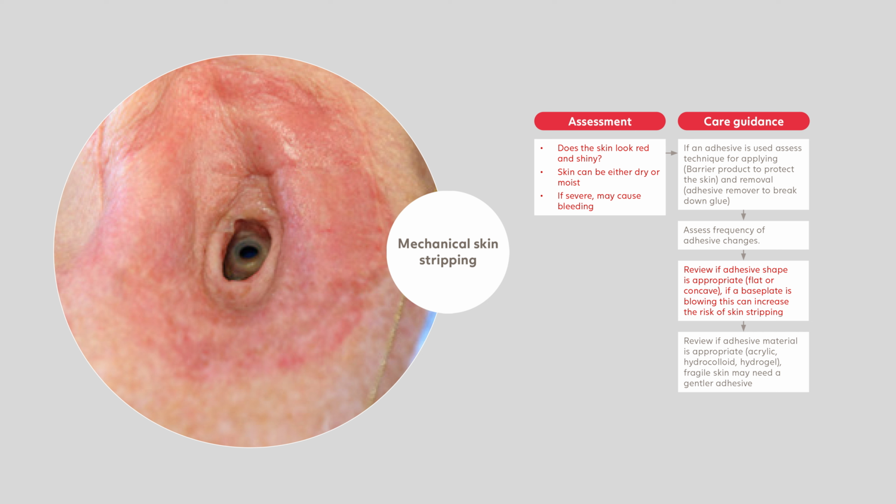And last but certainly not least, as guided by the tool, adhesive types matter. Therefore, reviewing appropriateness of acrylic, hydrocolloid, or hydrogel adhesives in each individual patient is part of successful skin health management.